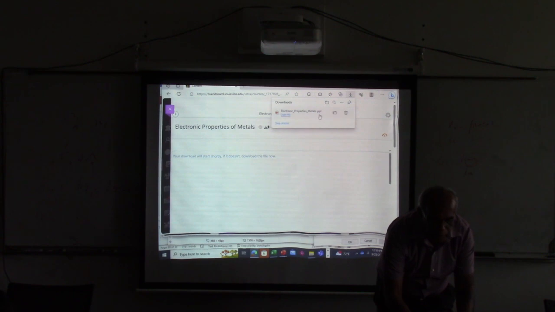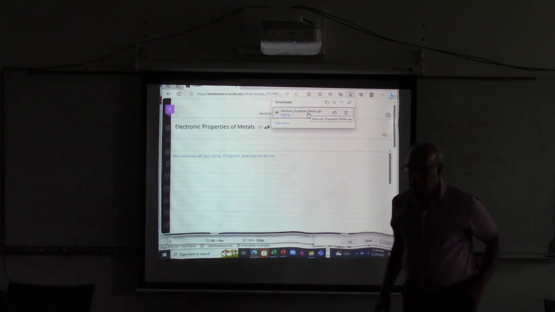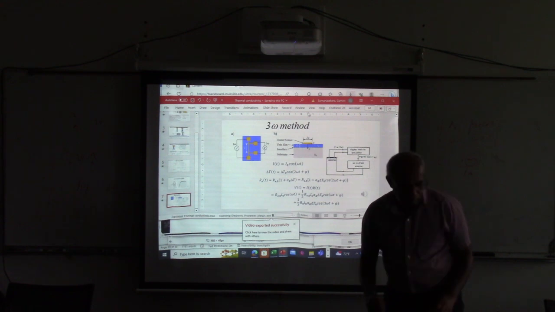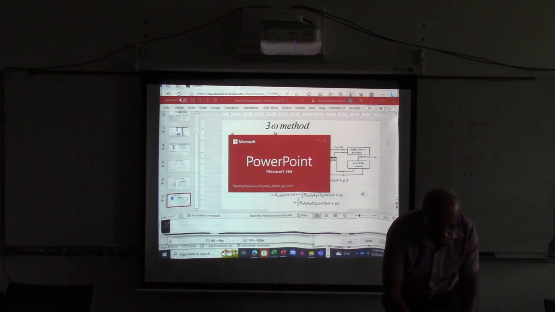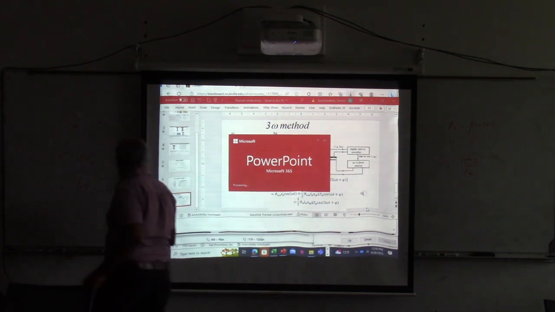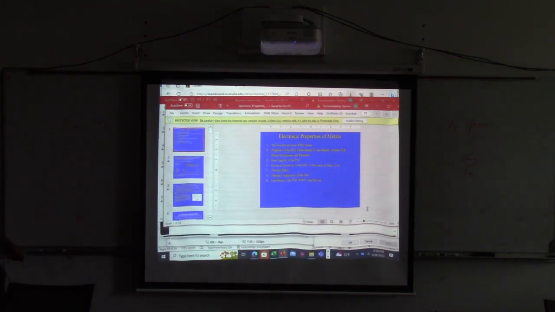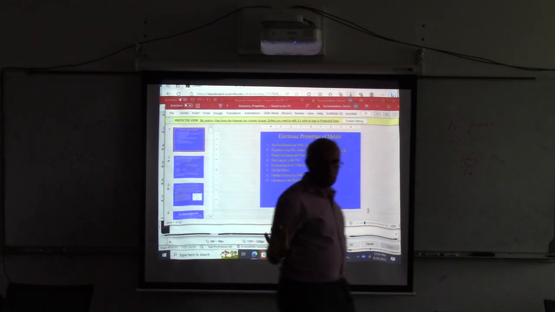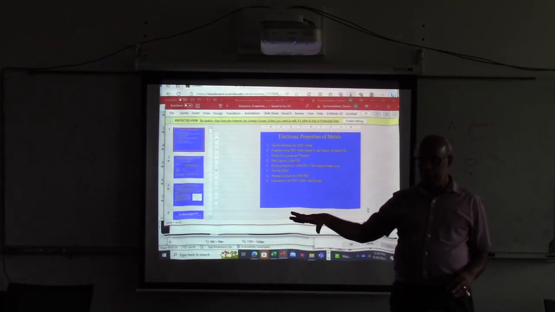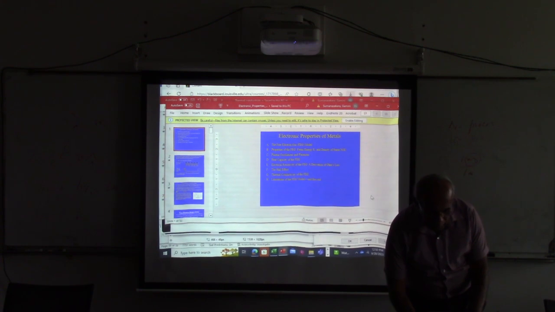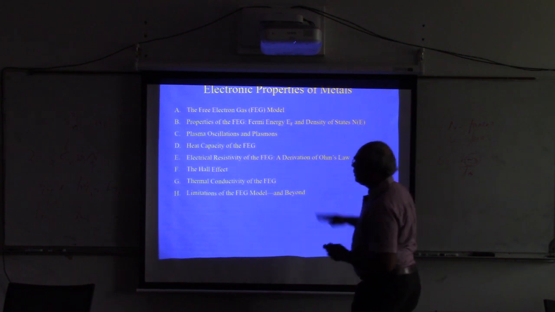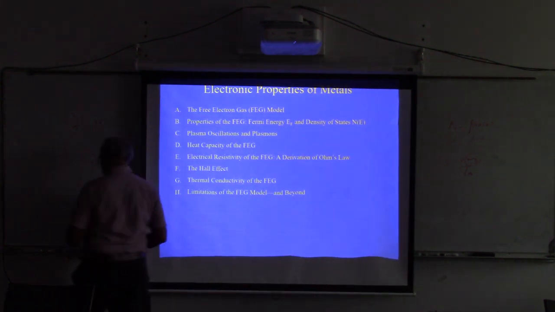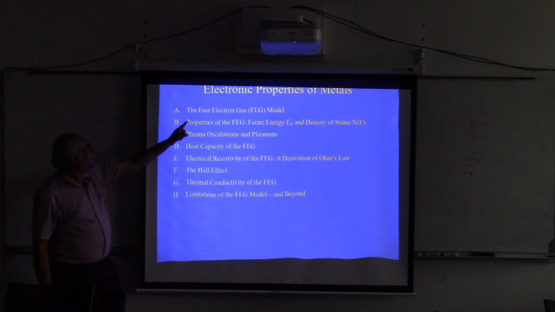So this is a completely new chapter, right? Today we are going to talk about electronic properties. First we start with metals, then we'll go to the semiconductors and maybe a little bit about dielectrics. Today I'm going to give a very brief introduction to something called the free electron gas.